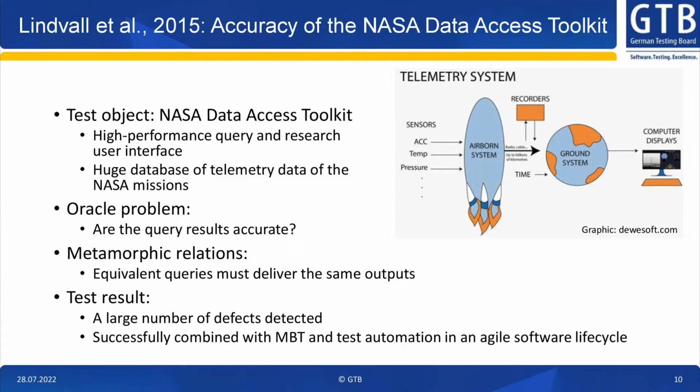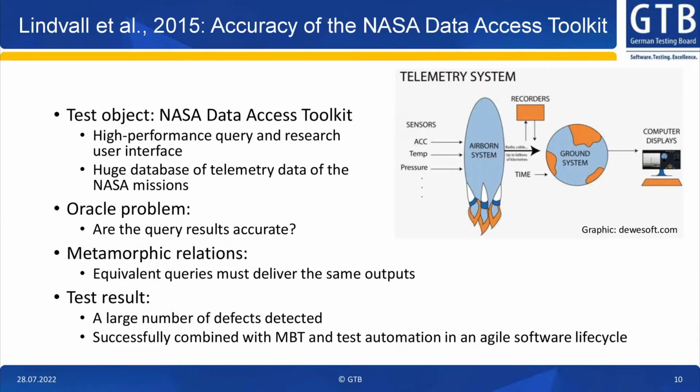And so these guys, a group from the American Fraunhofer Institute, they were in charge of acceptance testing, and they used metamorphic testing in combination with model-based testing and other techniques in an agile development of this system.